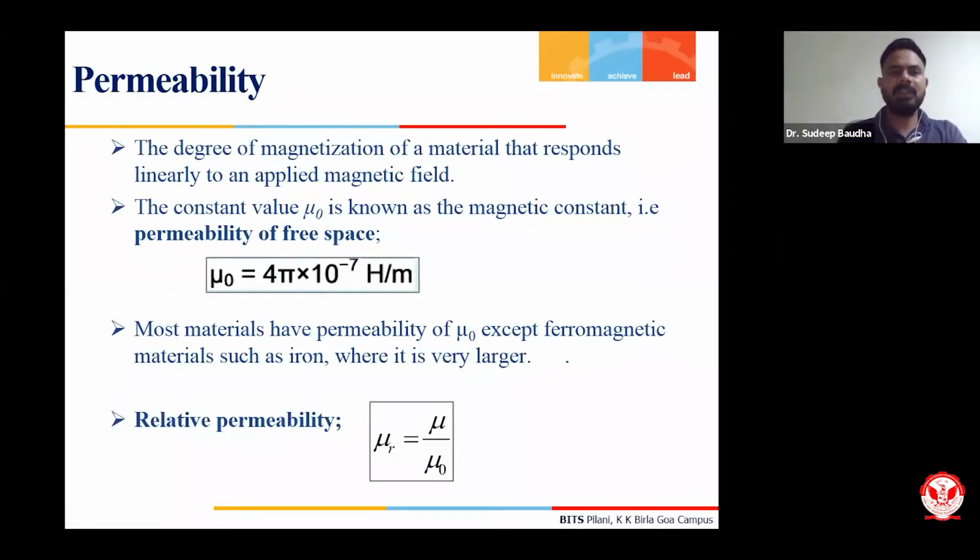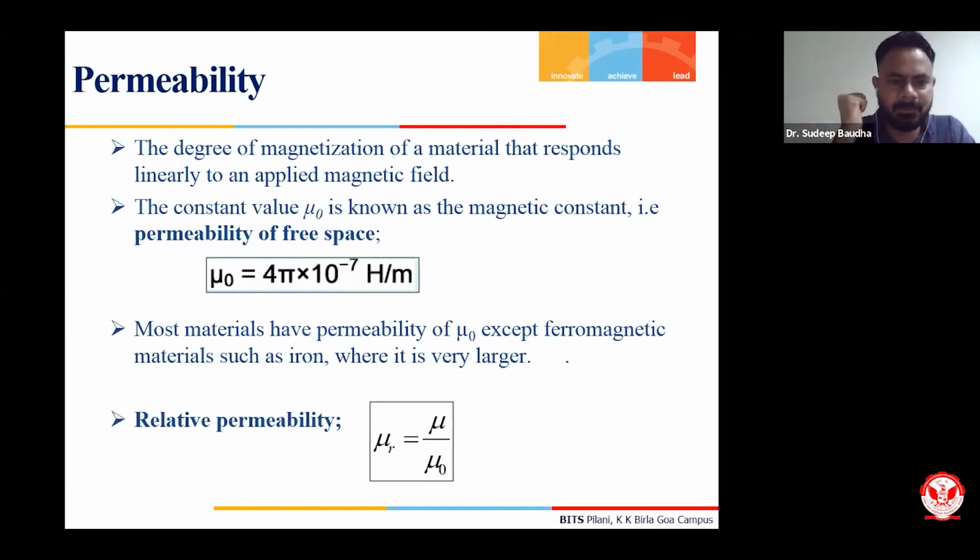Now, permittivity and permeability give you an understanding about the electric field and magnetic field propagating in a particular medium. If you recall the formula of the speed of light in free space, it is given as C equals 1 upon root of mu naught into epsilon naught, which gives you the value 3 into 10 to the power 8 meters per second. So the speed of light in free space is also defined in terms of permittivity and permeability.